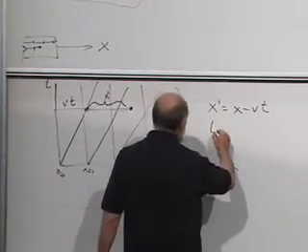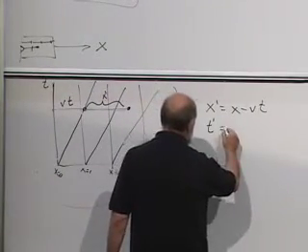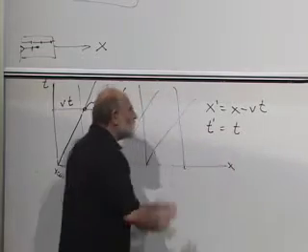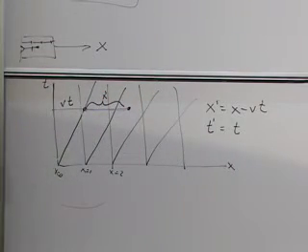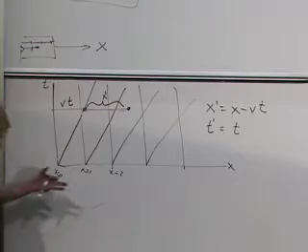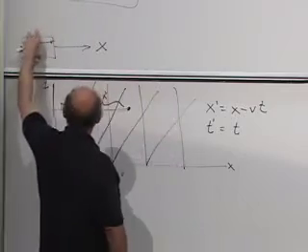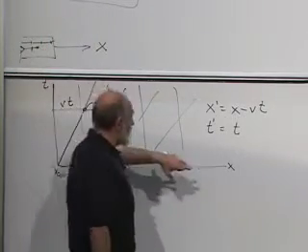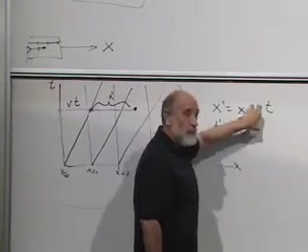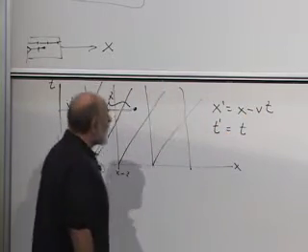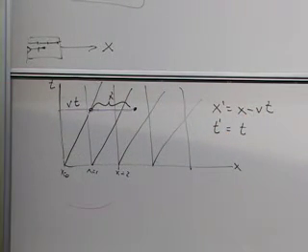And so we can write another equation that t prime is the same as t. This is Newtonian physics. This is not yet relativity. This is not yet Einstein. It gets modified in Einstein. But this is the relationship between the coordinates measured by the moving observer and the coordinates measured by the stationary observer. It's a coordinate transformation. X prime is x minus vt. T prime is equal to t.